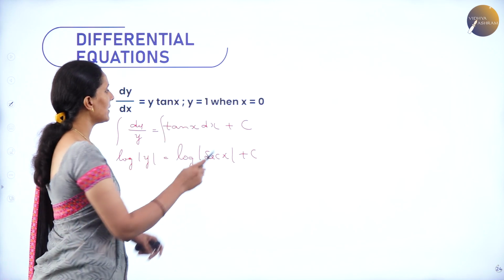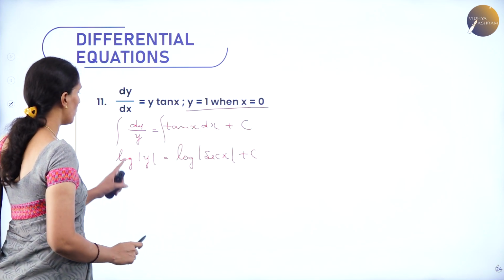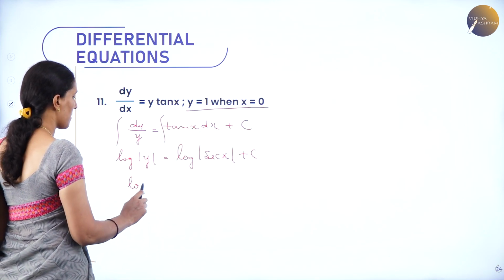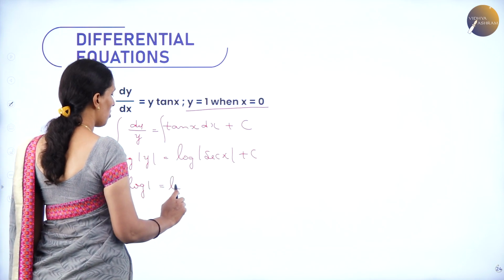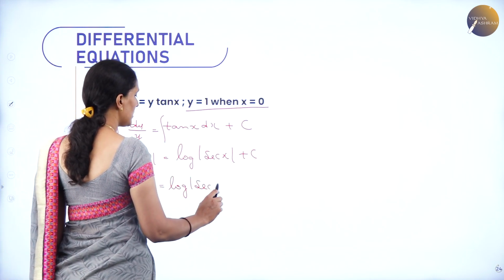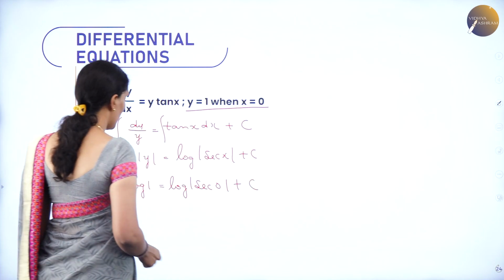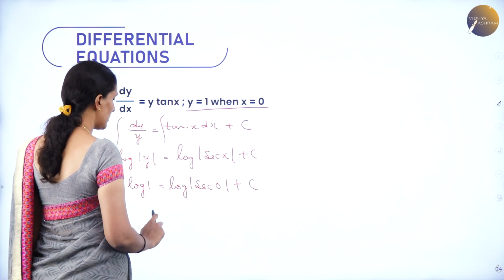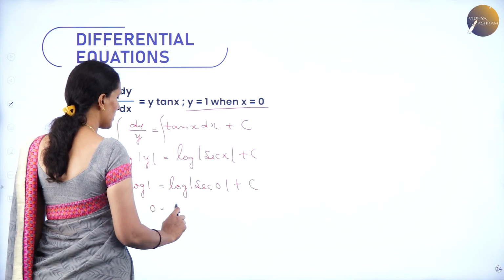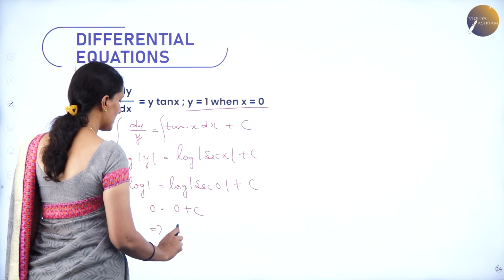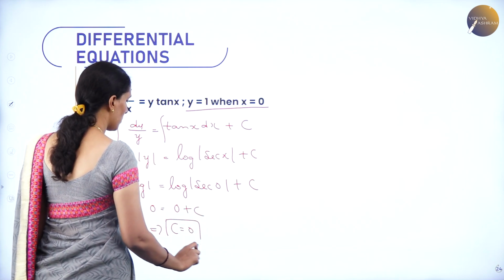Now when y is equal to 1 and x is equal to 0, log 1 equals log of secant 0 plus c. So log 1 is 0, so 0 is equal to 0 plus c. So this implies c is equal to 0.